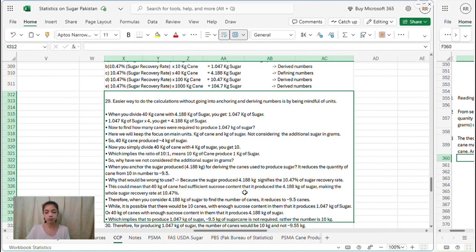Because sugar produced of 4.188 kg signifies the 10.47% sugar recovery rate. This could mean that 40 kg of cane had sufficient sucrose content that it produced the 4 kg of sugar, making the whole sugar recovery rate 10.47%. Therefore, when you consider 4.188 kg of sugar to find the number of canes, it reduces to 9.5 canes.